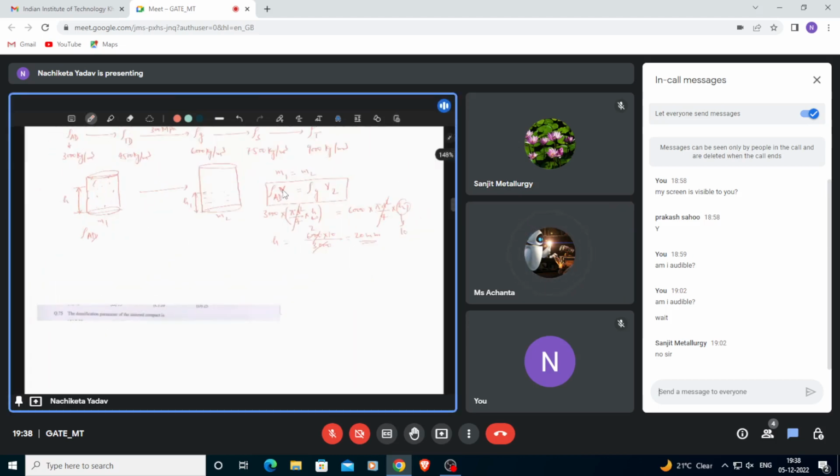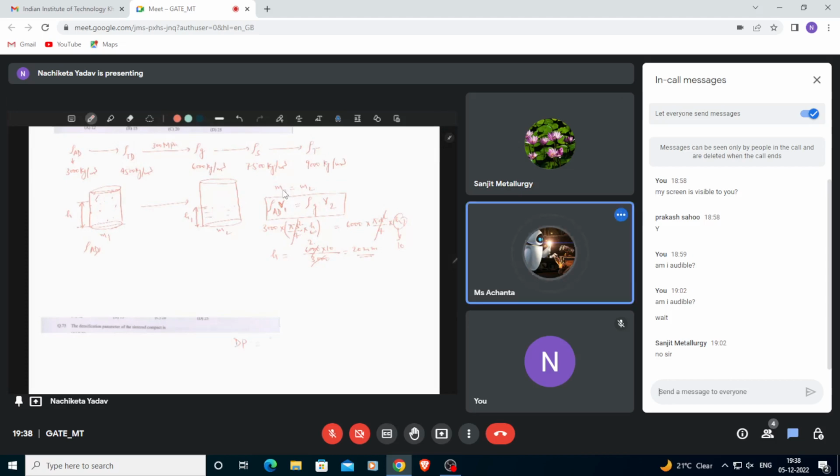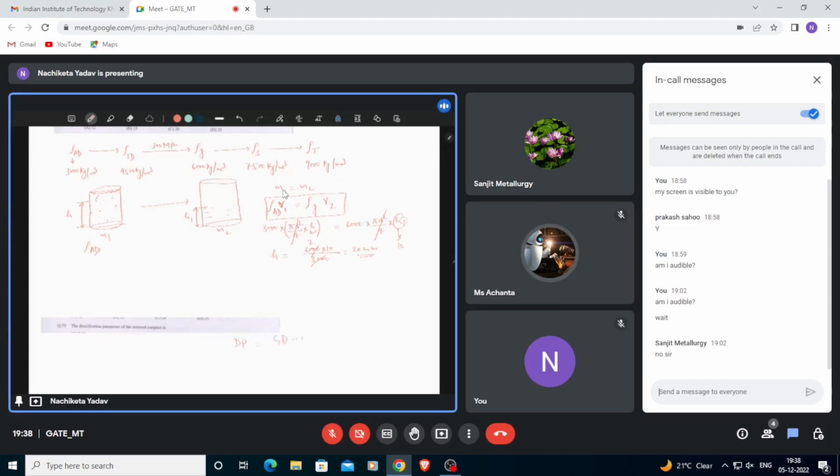Do you know what the densification parameter is? It is green density minus apparent density divided by theoretical density minus apparent density. If all values are given and you put them in, you will get 0.5.